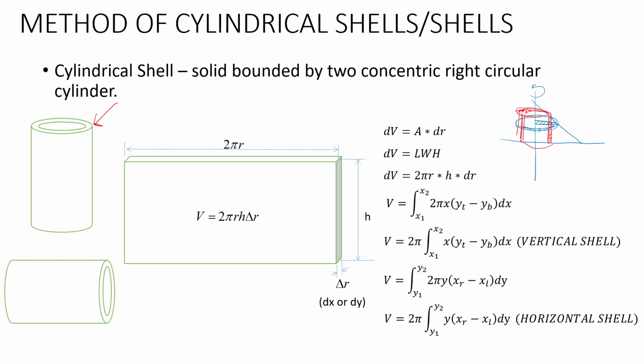So I think that's the difference between the two. The strip for the disc and the washer is perpendicular to the axis of rotation. For shell, it's now parallel to the axis of rotation.